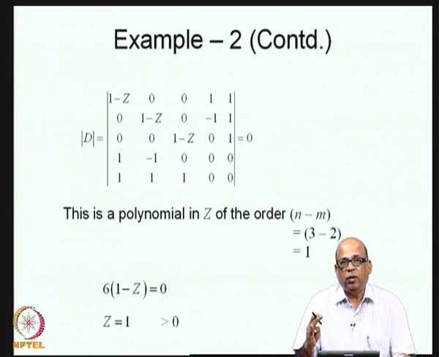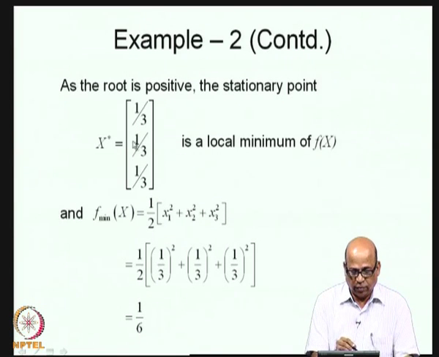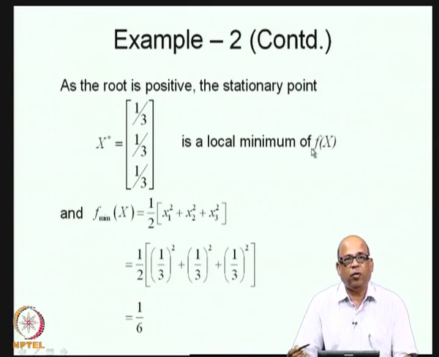Positive values in the sufficiency condition always correspond to a minimum value, and therefore the point x star, lambda star in fact corresponds to a relative minimum. So, as the root is positive, the stationary point, which is 1 by 3, 1 by 3, 1 by 3, this is our x star, is a local minimum of f of x.